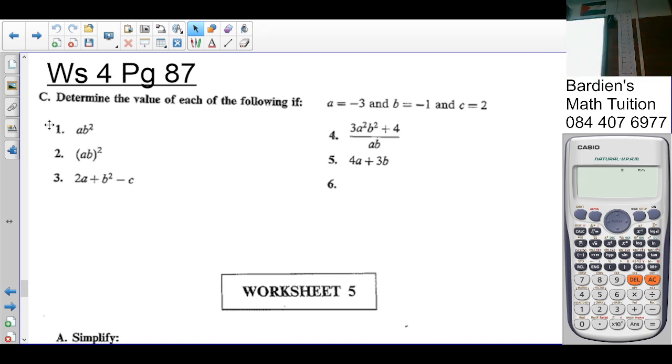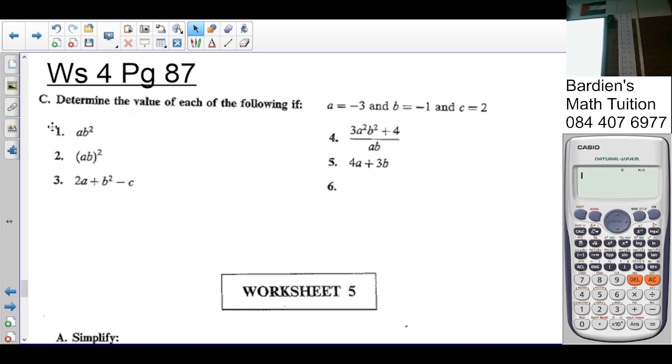following if we are given A to be -3, B to be -1, and C to be 2. Okay, so we look at the first one. We've got AB squared.